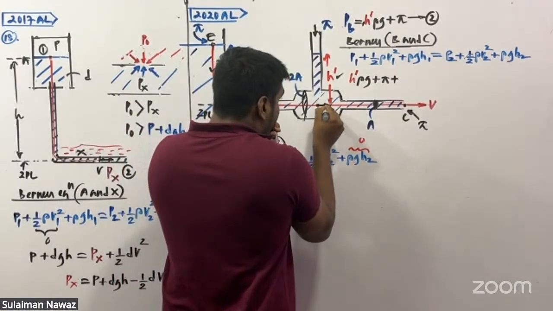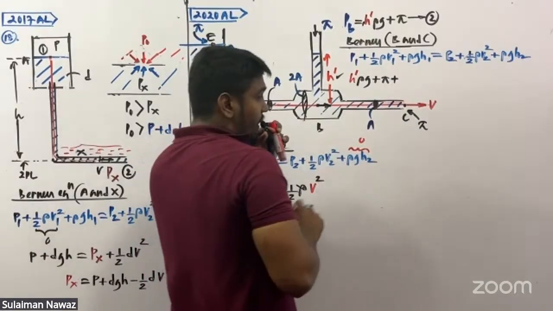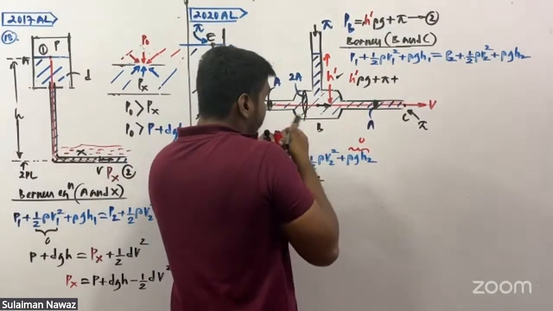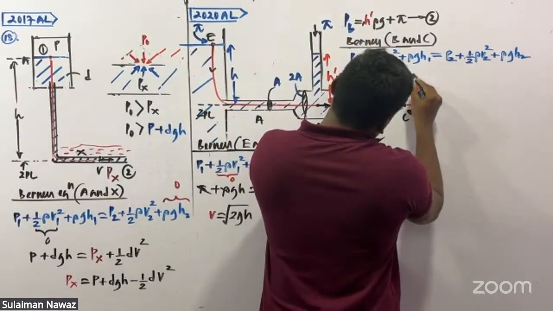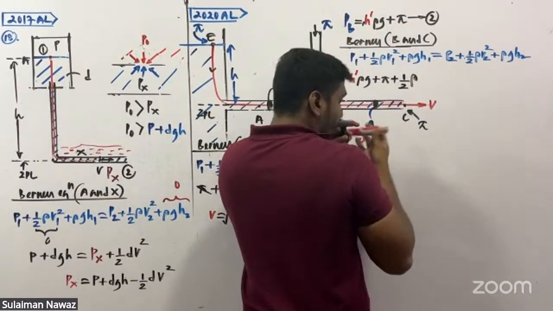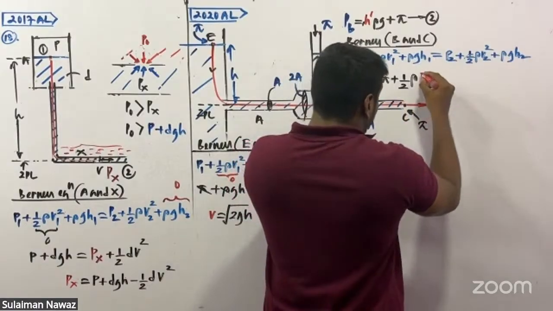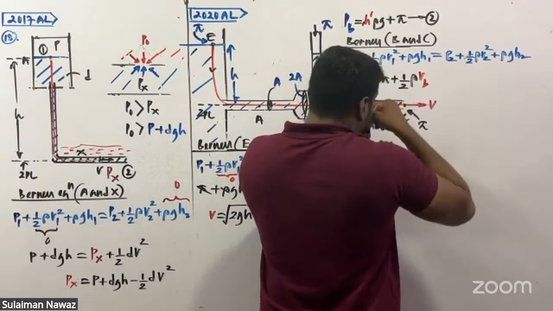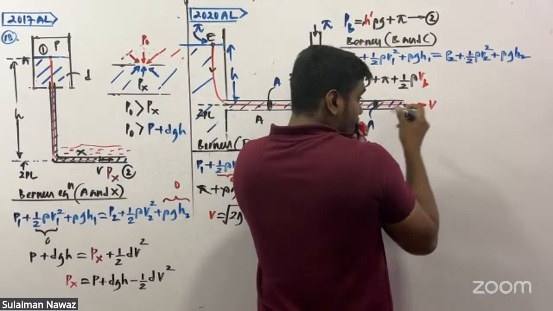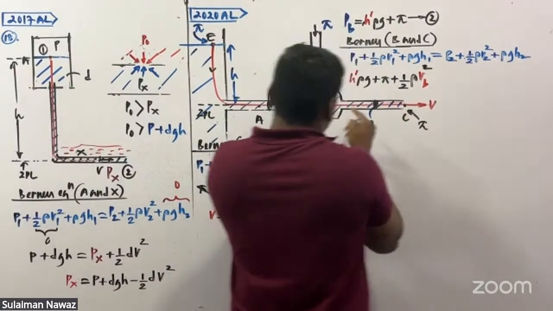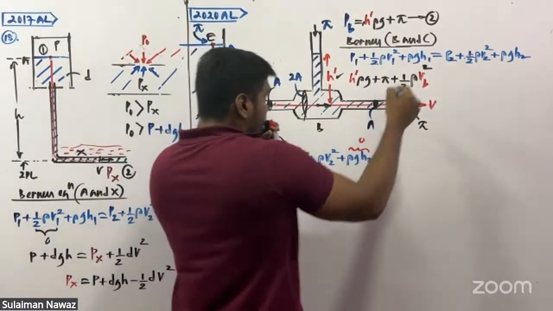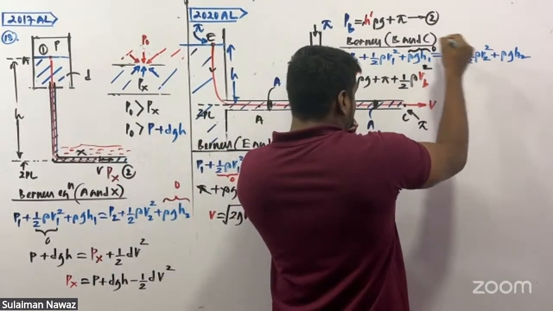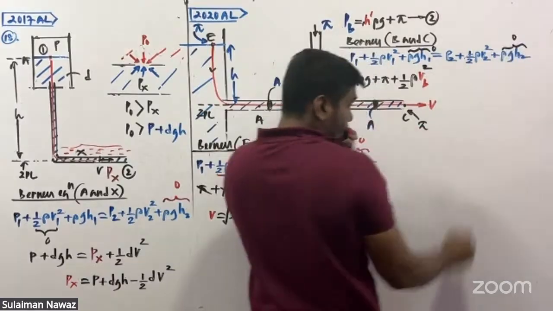Velocity at point capital B, I mark it as VB. Velocity of the water at point capital B, I don't know actually. Point capital B and point capital C are at the same horizontal level, zero potential level, so the rho G H1 term is zero, and the rho G H2 term is zero.